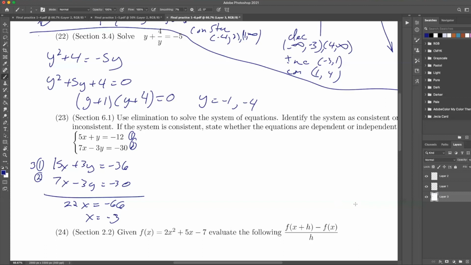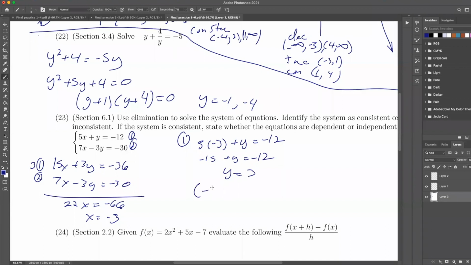X is minus 3. Pretty boring. Then I'm going to plug that into equation 1. Here we'll have 5 times minus 3 plus y equals negative 12. So I have minus 15 plus y equals minus 12. So y equals 3.